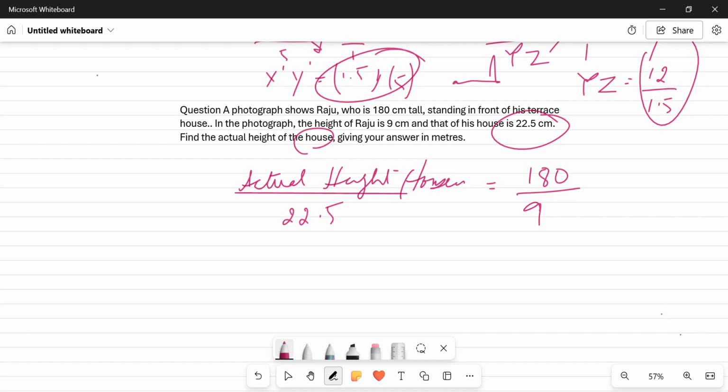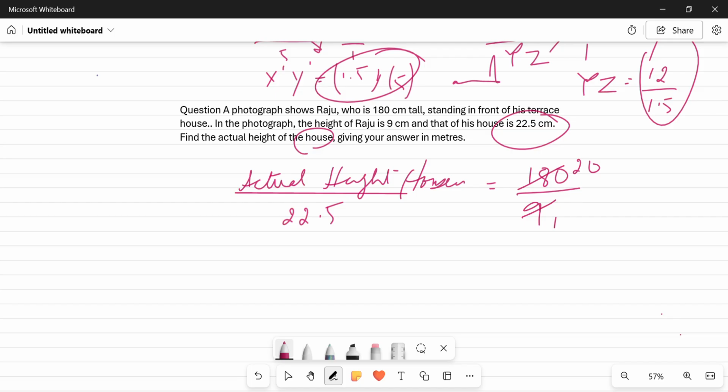The second part is simplifying: 180 divided by 9. What does that give you? 20, right? 9 ones are 9 and 9 twenties are 180.